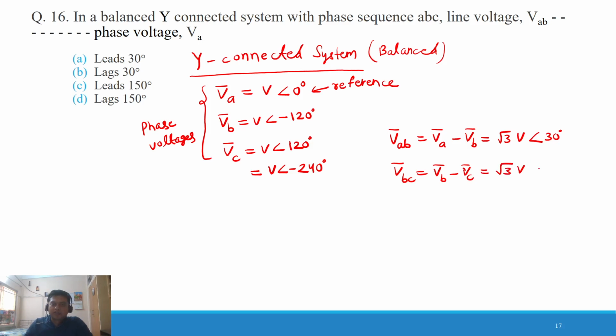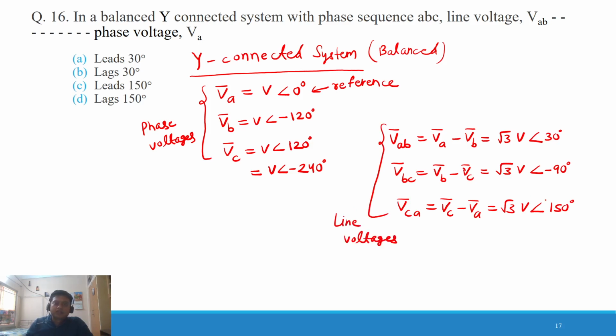So minus 120 plus 30 gives you minus 90 degrees. And VCA will be VC minus VA, that will also lead the phase C voltage by an angle of 30 degrees. So 120 plus 30 gives 150 degrees. So these are the line voltages.